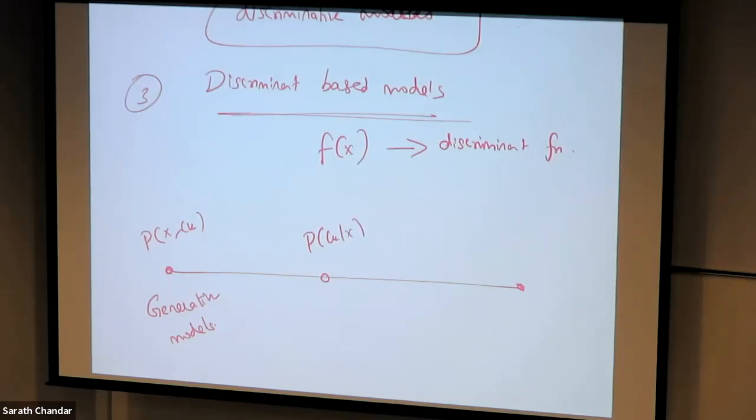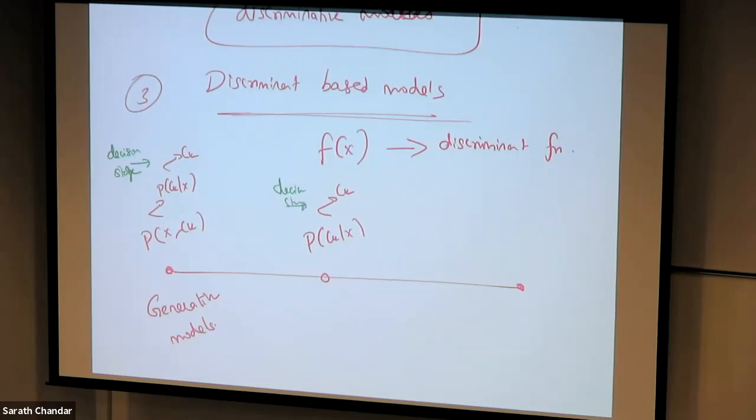In the case of generative models, you have p of x given Ck. From this, you will compute p of Ck given x, and from this, you will compute a Ck. Now, the discriminative models eliminate a step. They directly model p of Ck given x and compute a Ck from that. So this is the decision stage.